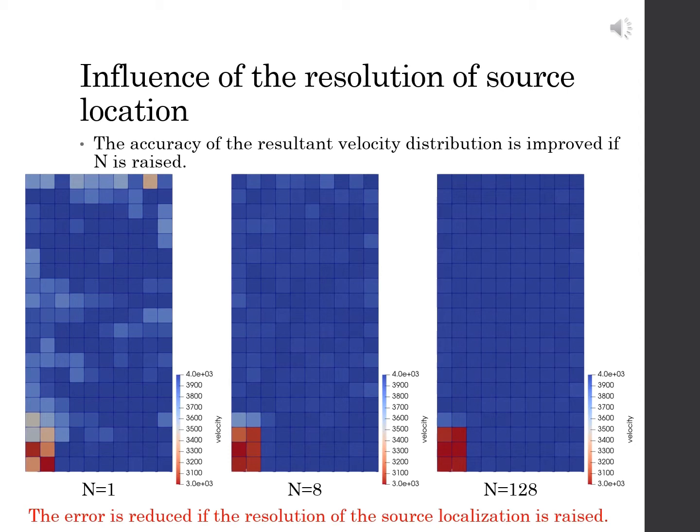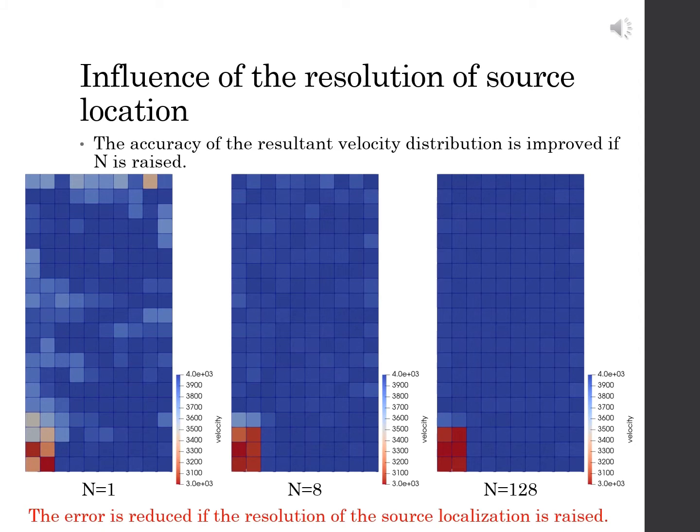You can see the quality of the elastic wave velocity distribution is highly improved, and in the right figure, the resolution of the source location is 1/128 meter. The resolution of the source location is very high in this case, and the accuracy of the resultant elastic wave velocity distribution is very nice as well in this case.